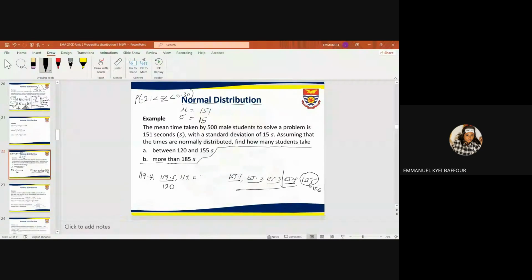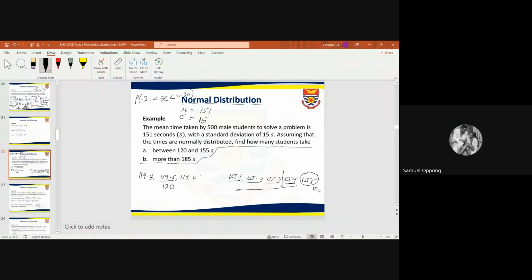Are you getting it? It's like you finding your class boundary. So if you are finding your class boundary, you take 0.5 from this to give us 119.5, and you equally add 0.5 to the upper limit to get your upper boundary as 155.5 in order to include the values that will be between.